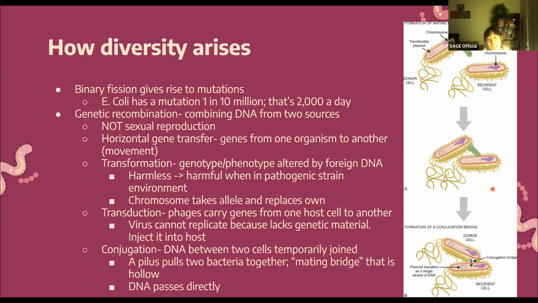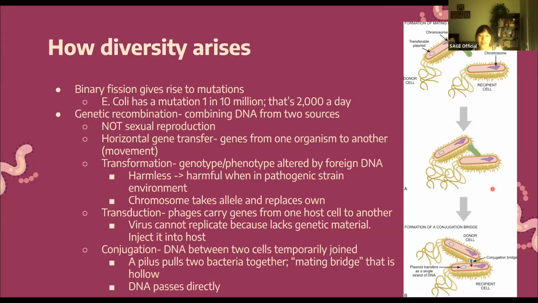But yeah, that's how we can change the genomes of bacteria this way and create new bacteria. Transduction is when phages carry genes from one host cell to another. Phages are viruses that attack bacteria.